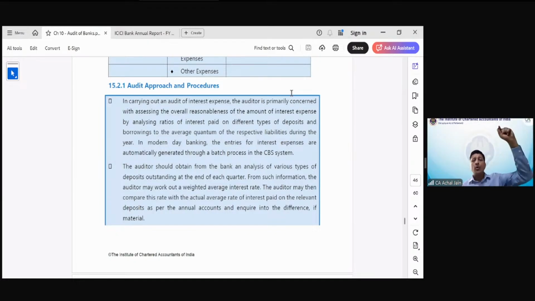By ensuring that all the items on which interest needs to be recognized, whether all those line items have been considered or not. That's going to be the first check. And then, of course, the calculation on that. For the purposes of interest expense, the most appropriate method on the part of the auditor will be recomputation. Yes or no?